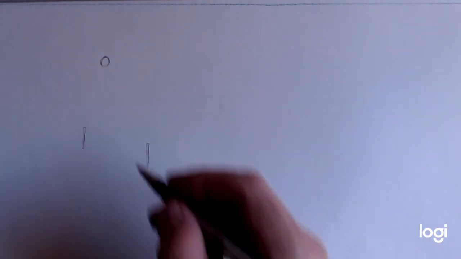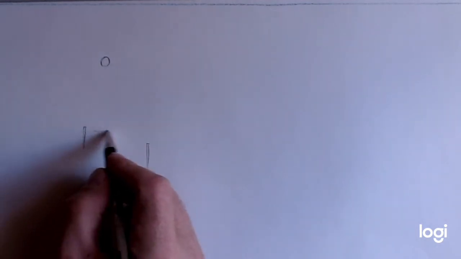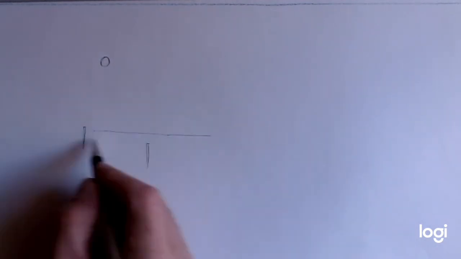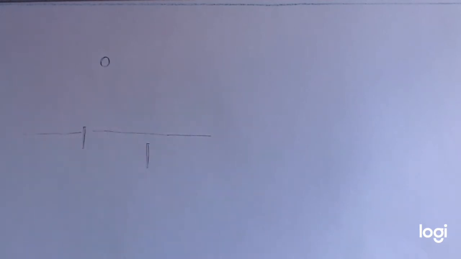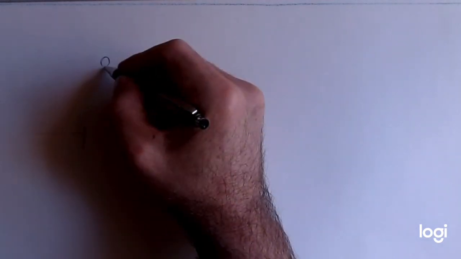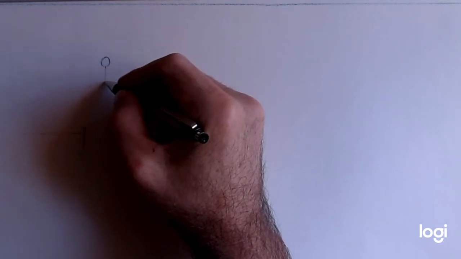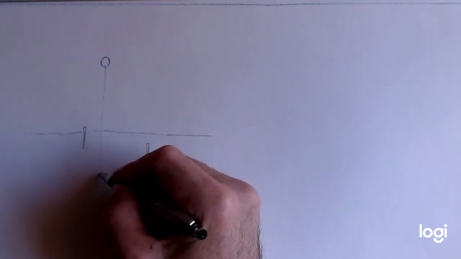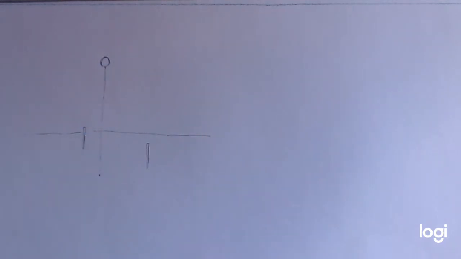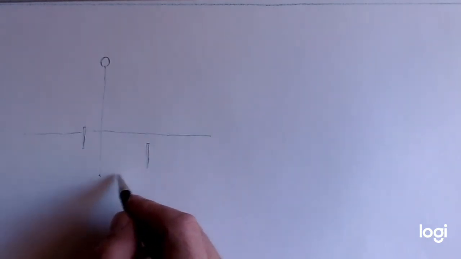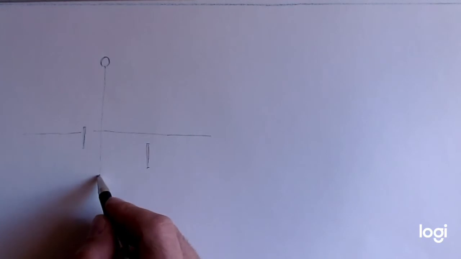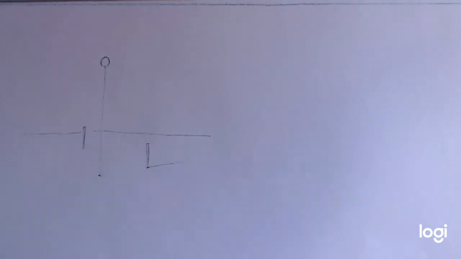So for the cast shadow, you need to have a ground plane. The cast shadow has to be cast onto something. And so what you do is you take your light source and you drop it down to the ground. So let's say my light source is right there. And from your light source on the ground, you pass through the bottom of the object that you're casting a shadow from.